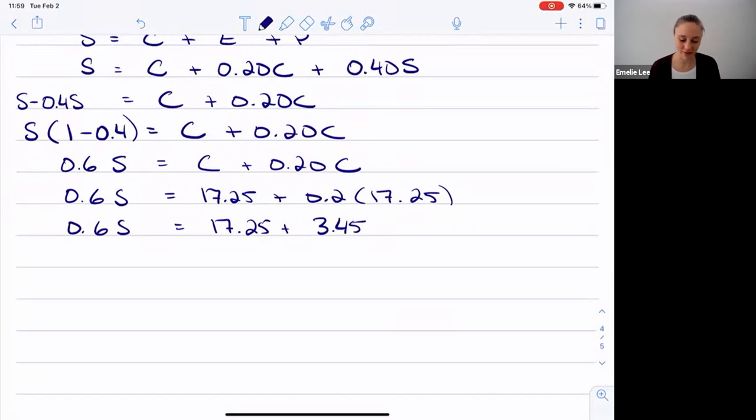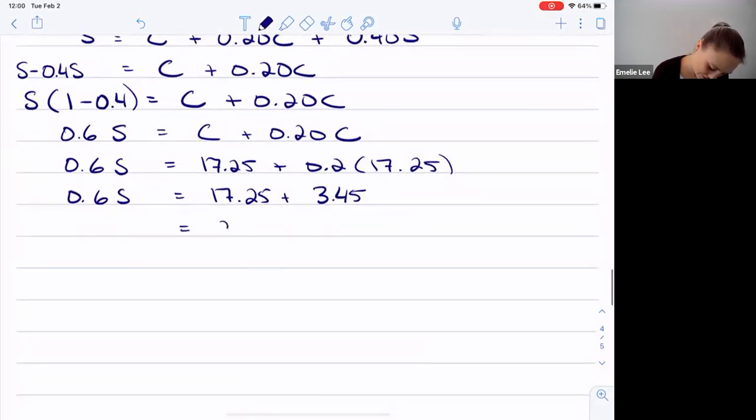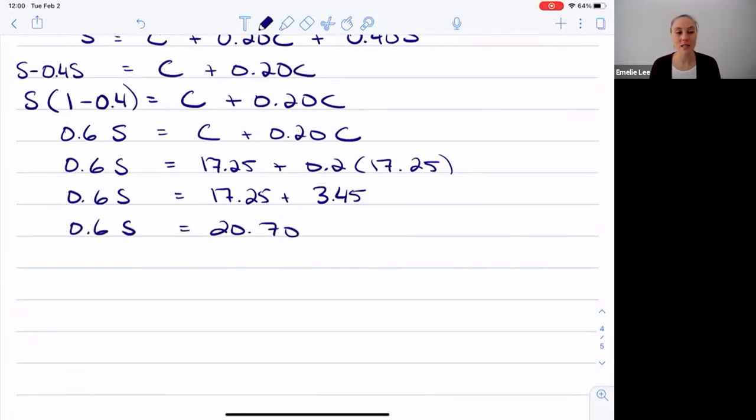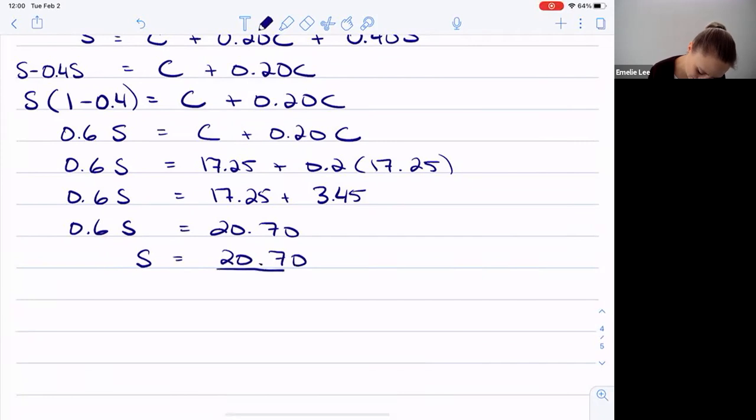Wrote from right to left that time. So 345 plus 1725 is 2070. So 0.6S is 2070. Solving for S, which is what I want to do, I need to divide both sides by 0.6. So S is 2070 divided by 0.6.